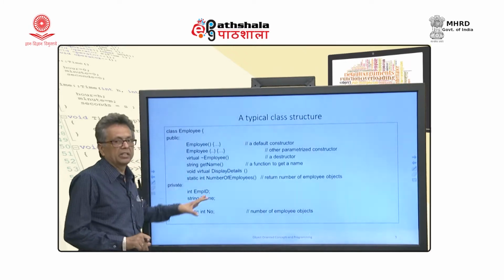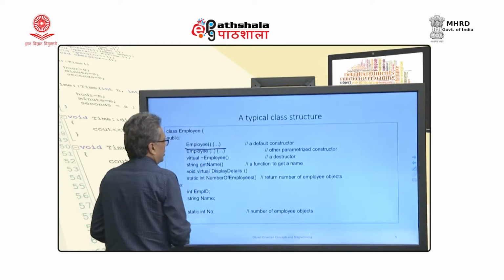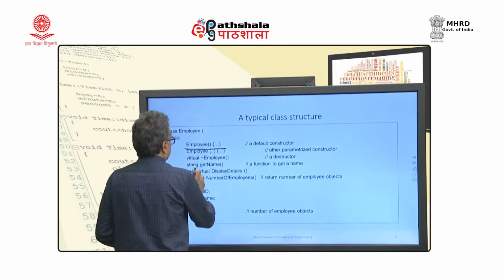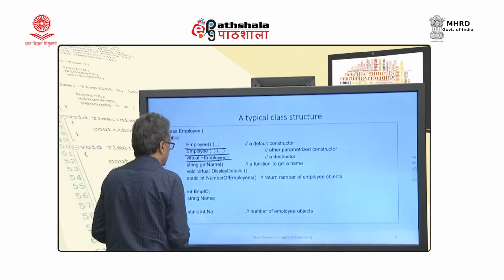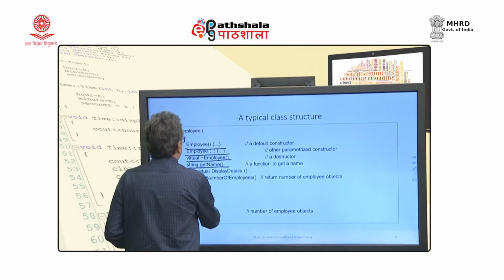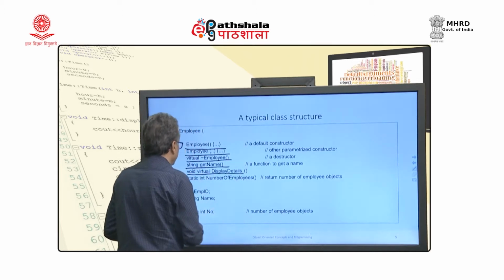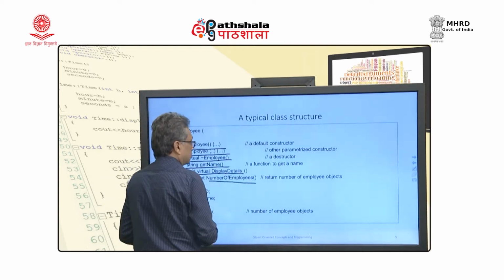Here is a typical class structure. Pay a little attention to it. We have a default constructor, we have one more constructor, we have a destructor which is virtual, we have a getName function which is a normal function, and we have one more virtual function called display details. We have a number of employees to be written.